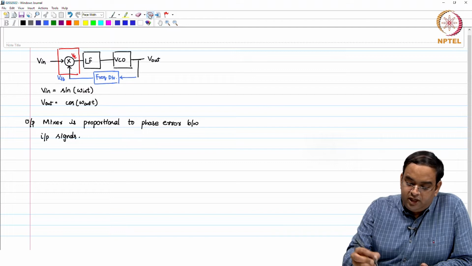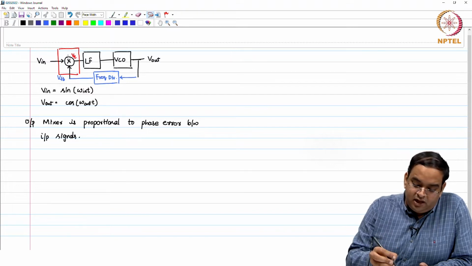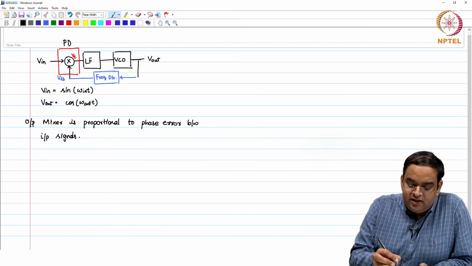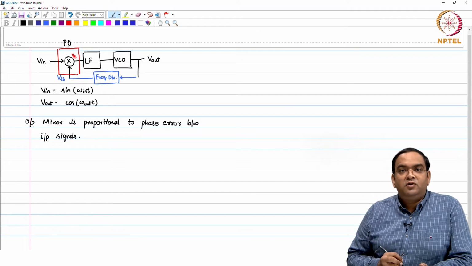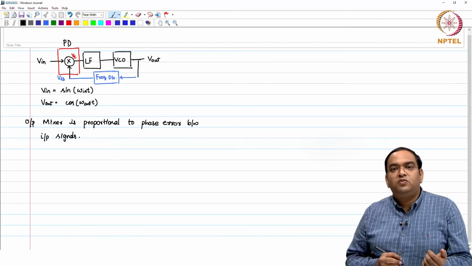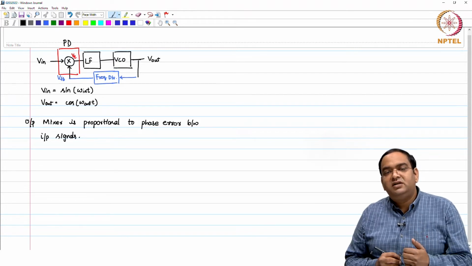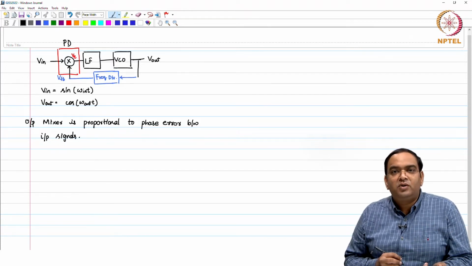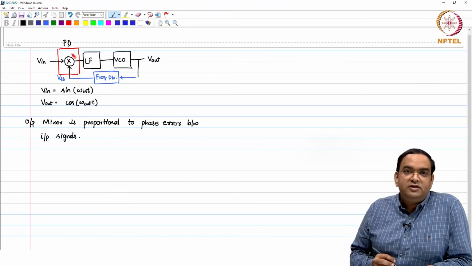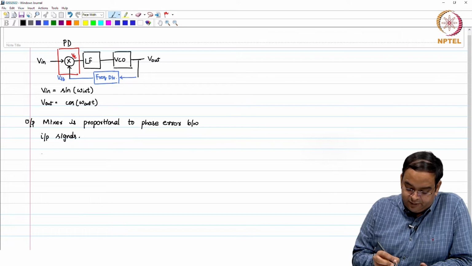In our case, this phase error detector, this particular block which you are seeing in red, is the PD, and we will look at different kinds of phase error detectors which will work with sinusoidal signals and with square wave signals. Then, depending on the signals in the system, we will choose the phase detector.